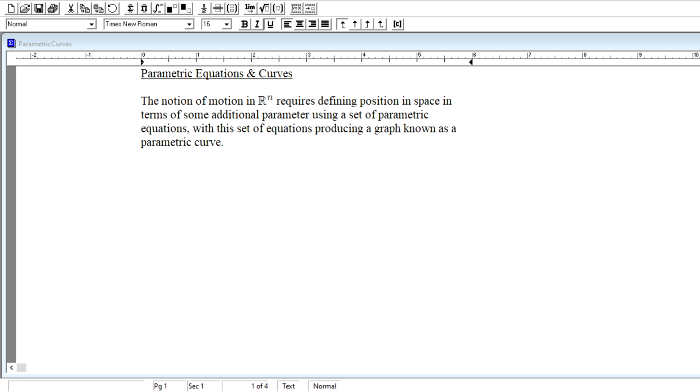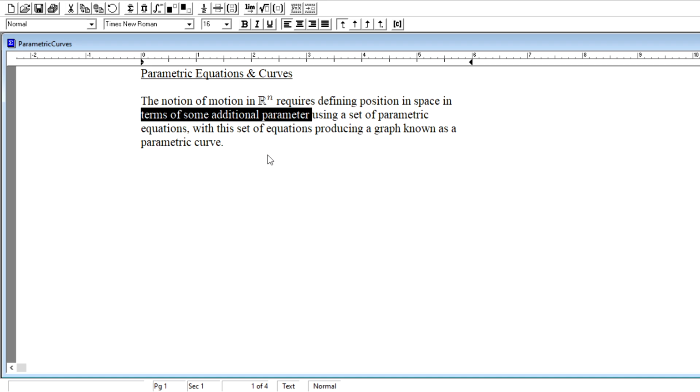As noted, we are going to start with parametric equations and curves. To facilitate this study, I take note that the notion of motion in n-dimensional space requires a way of defining position in space in terms of some additional parameter, using what is known as a set of parametric equations.